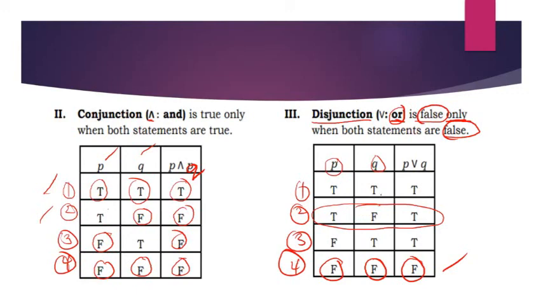Yung P is true, yung Q is false. Pero, yung isa sa kanila is true, ang result nila is true. Dapat at least one of them is true para maging true ang output. Dito sa conjunction, dapat both of them are true. Dito, hindi strict. At least one lang yung true para maging true yung answer. And that is disjunction.